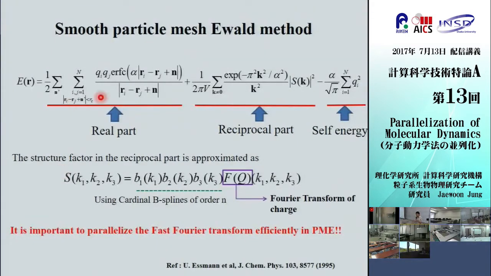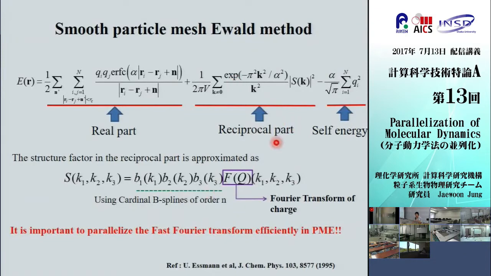So here, energy is decomposed into three parts: real, reciprocal, and self-energy. And the reciprocal energy consists of an exponential factor times the structure factor. And the structure factor can be approximated by FFT and B-spline approximation.